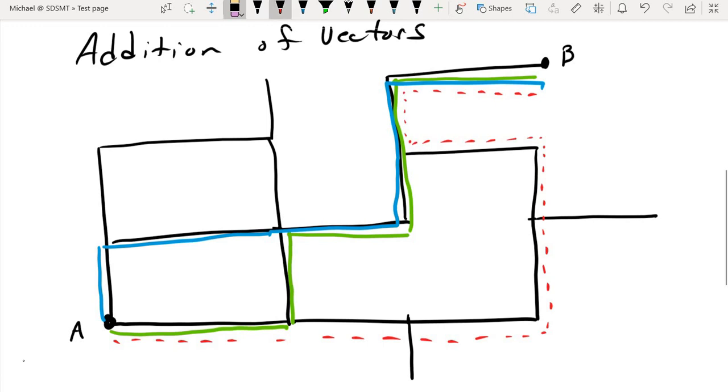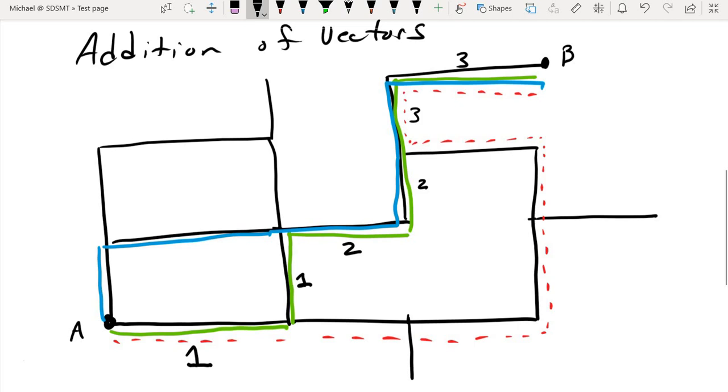But if we go through and actually tally all of the different directions that we've taken, for the first route, we had 1 block to the east, 2 blocks to the east, 3 blocks to the east, along with 1 block north, 2 blocks north, 3 blocks north.